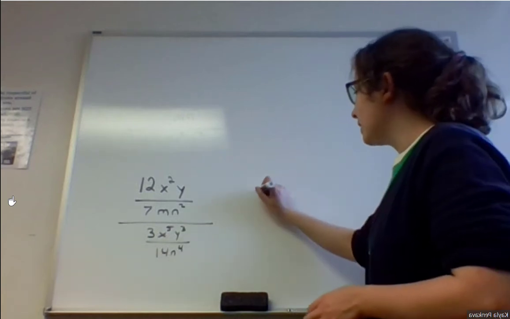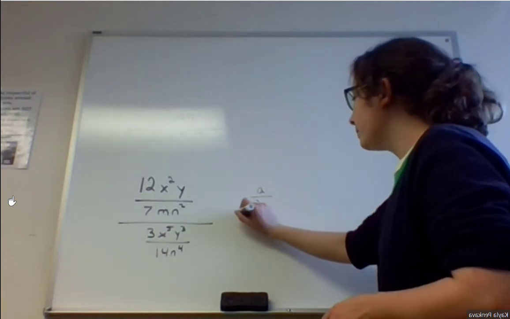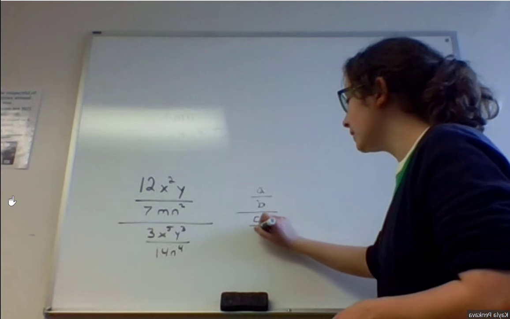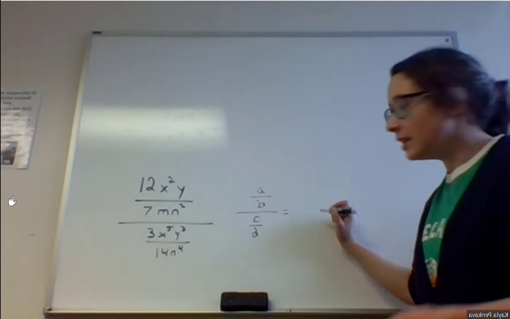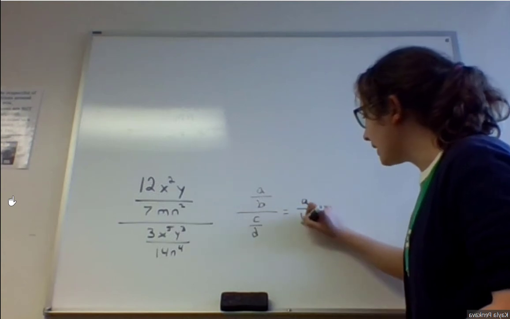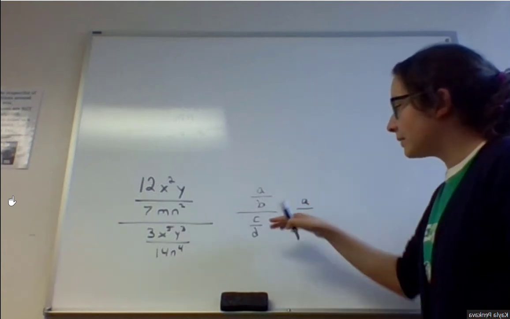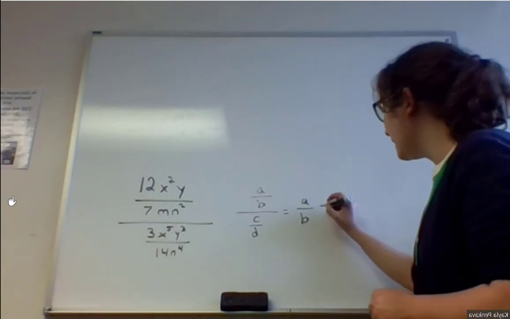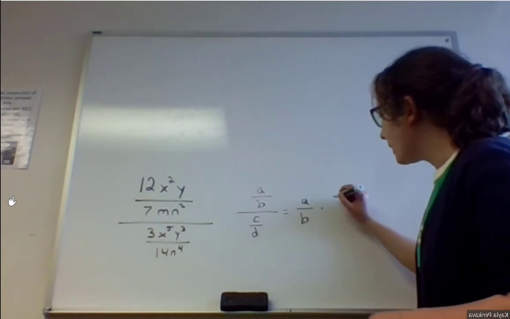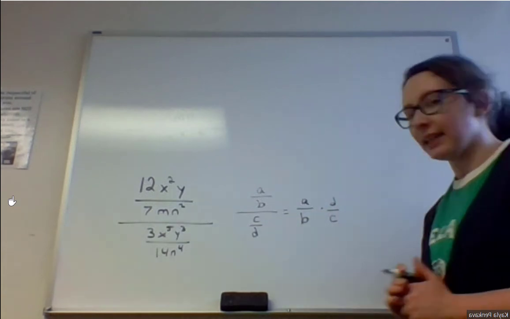So any fraction, a over b, when being divided by another fraction, c over d, we can turn that into a multiplication problem, but we keep the top fraction the same, a over b, and we flip the numerator and denominator of the second fraction, or we take its inverse. So we multiply it by d over c.